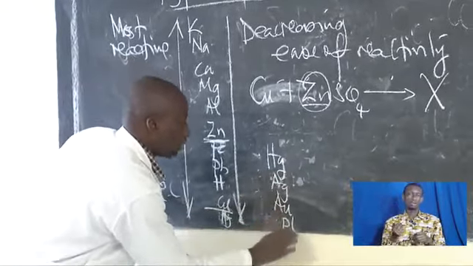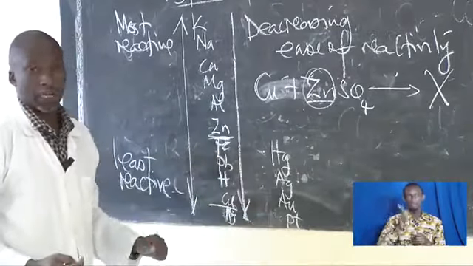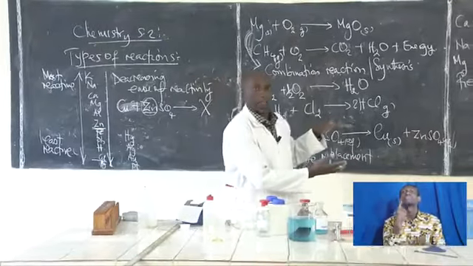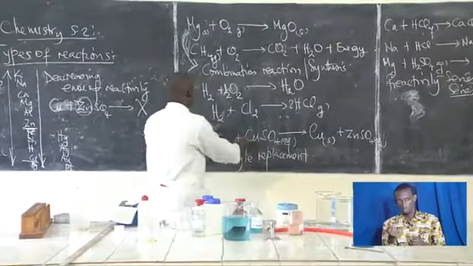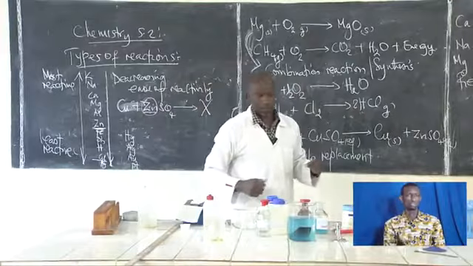Platinum is the least reactive. This is the continuation of this one. The least reactive element is platinum. So remember what I'm talking about here. This is another type of reaction that we talked about, which is single replacement.